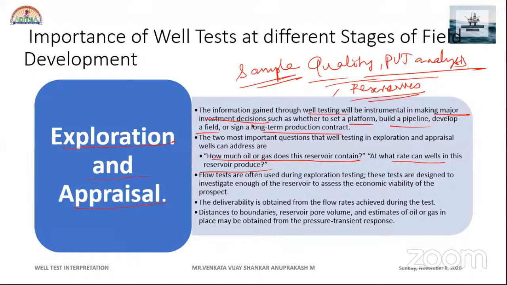So this is from the point of view of reserves. So for that, what do you do? Flow tests are often used. They are designed for the reservoir to check the economics, because as major decisions are made, obviously economic viability should also be looked into.